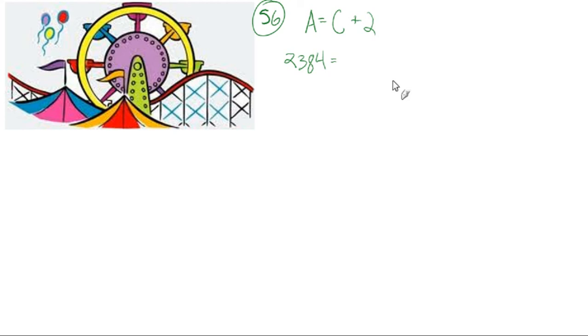You know that 378 adult tickets were sold, and 214 child's tickets were sold.